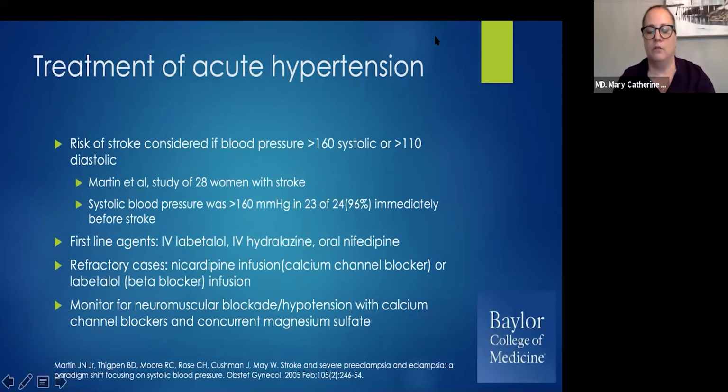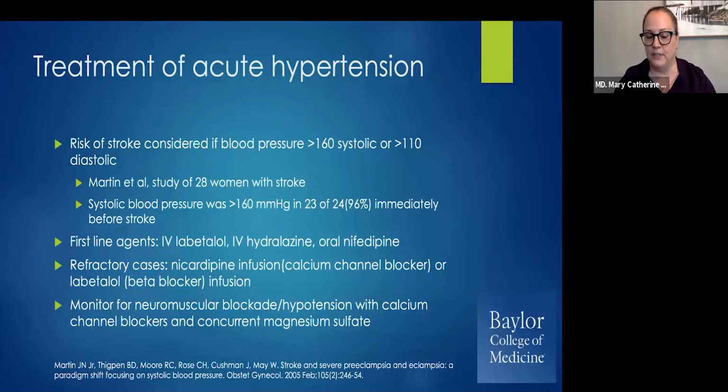In terms of what we use to treat those blood pressures, our first line agents tend to be IV labetalol or IV hydralazine, and oral nifedipine is also a viable option that we use not uncommonly, particularly in patients who don't have intravenous access or who are bradycardic, for example.